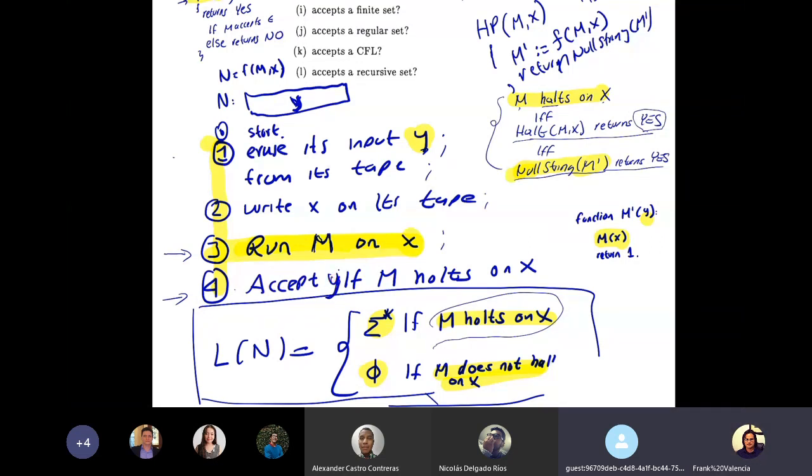Exactly. It's going to accept every input. And if it doesn't halt, it's not going to accept any input.